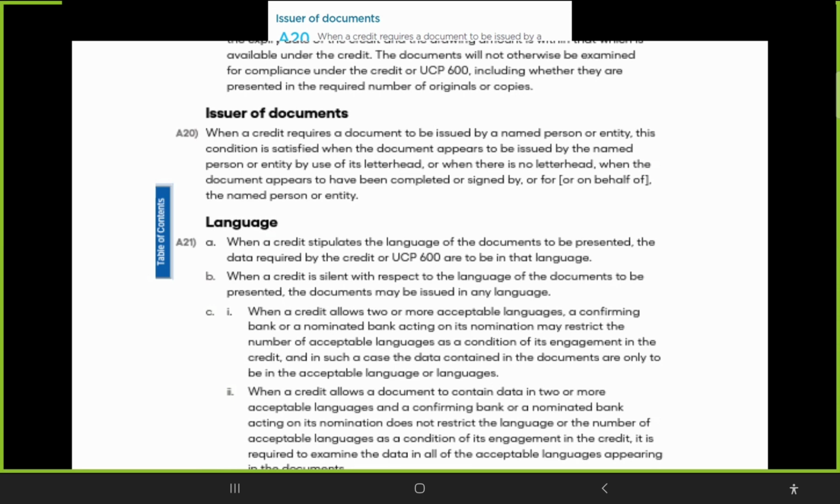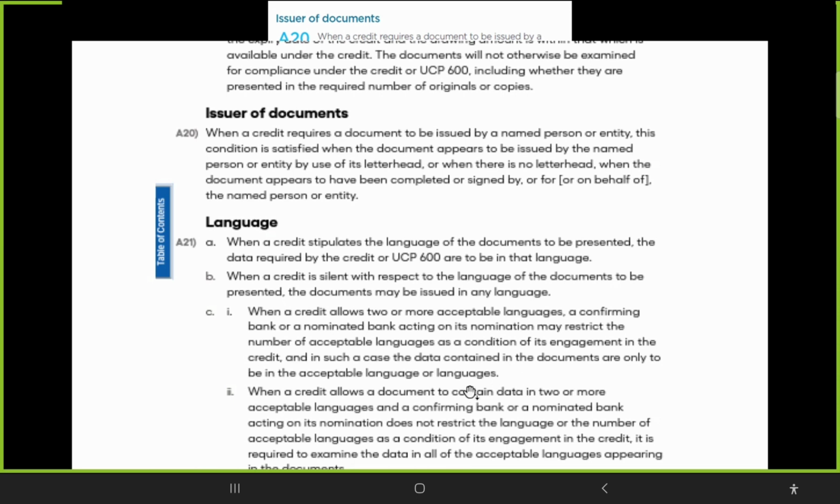If Sunil is the confirming bank, before adding his confirmation he can say that to extend his confirmation to this letter of credit, he would need the documents to be presented only in English but not in Mandarin. He can definitely do that. If there is a restriction imposed as part of the conditional undertaking that he is going to add, then the documents are to be presented only in English.